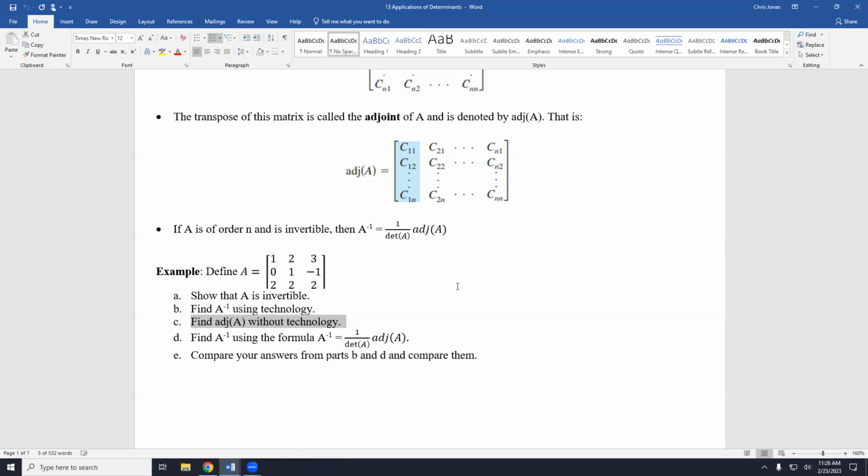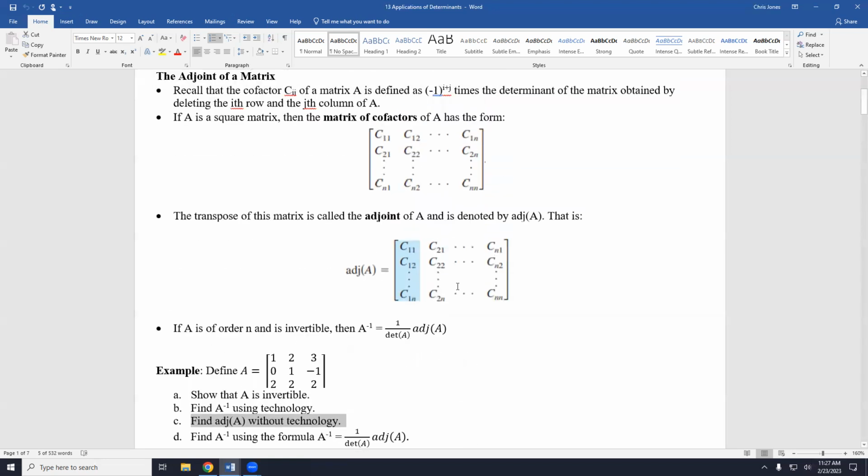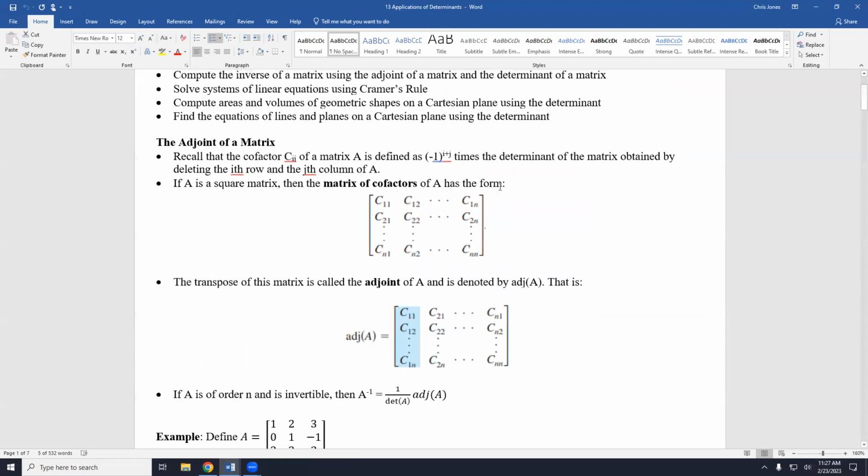I feel like we're missing a transpose somewhere in here. I remember doing the adjoint 17 years ago when I took the class, and I feel like we had to take a transpose. Oh, it's the transpose of the matrix. Okay, I see. Right here, the word transpose, that would have been helpful for me to see. So the adjoint is going to be the transpose of that matrix.